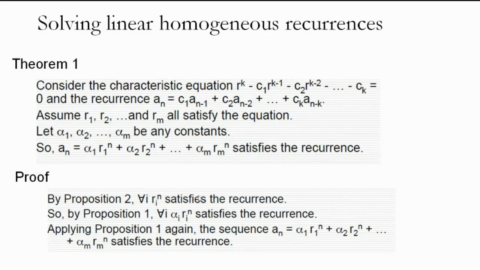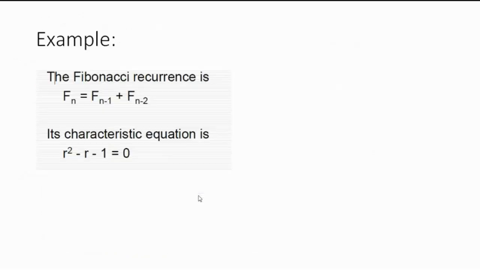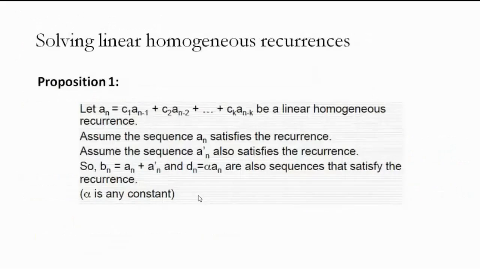So by proposition 1, what is the proposition 1? This is the proposition. An is equal to, that is the reason I asked you to note it down. Okay. So an is equal to c1 an minus 1 plus c2 an minus 2 plus and so on ck an minus k. This is the linear relation, linear homogeneous recurrence relation.